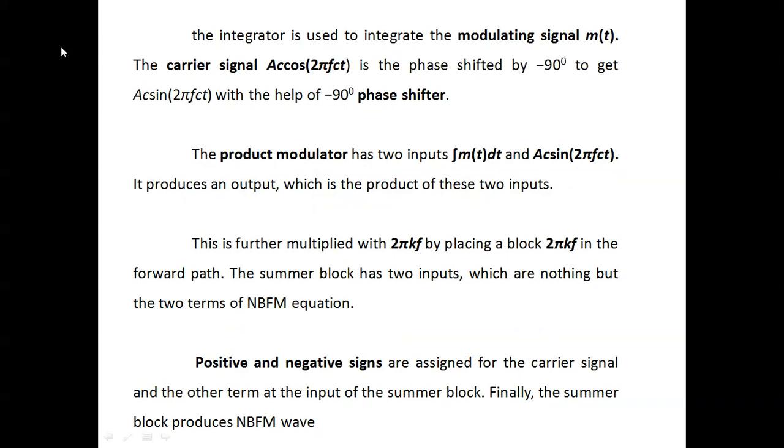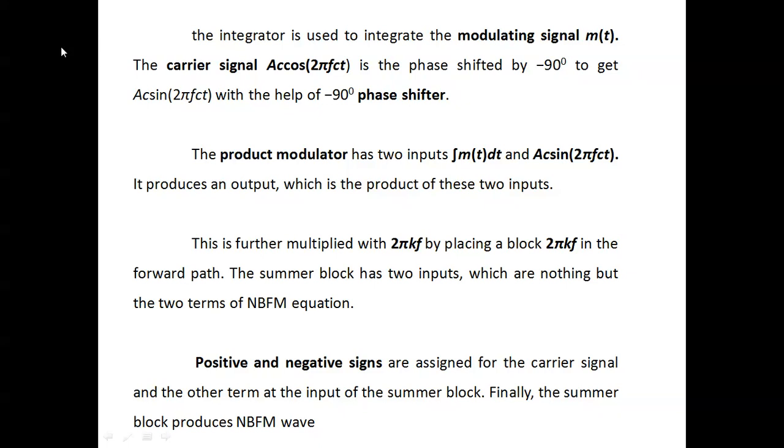So just now we discussed the same thing shown here. The integrator is used to integrate the modulating signal m(t), and the carrier signal is cos 2 pi fc t. The phase shifter is minus 90 degrees. The product modulator has two inputs: one is the integrated message signal, and the other is the shifted carrier signal.